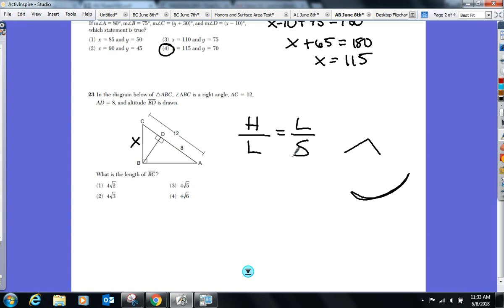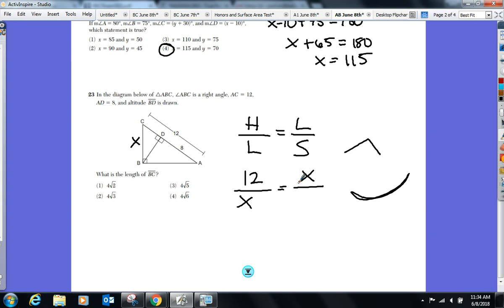H for hypotenuse, 12. L for leg. Which leg am I concerned about? Remember, when I say leg, I mean a leg of the original huge right triangle, ABC. So I'm X. This is 4. Same leg, X. Now the S, segment.